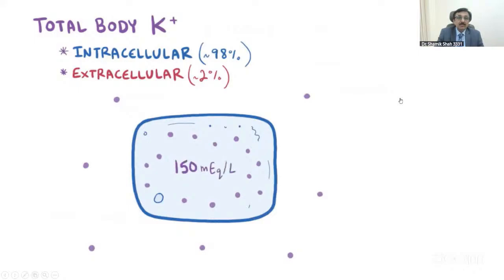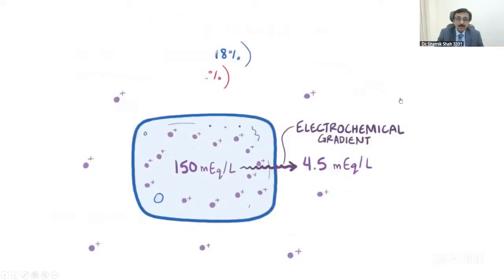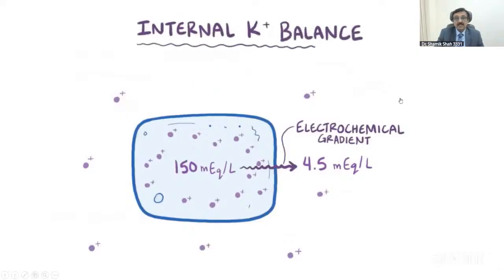So the total amount of potassium intracellularly is about 150 milliequivalents per liter, while the one which is outside the cells is about 4.5 milliequivalents per liter. So we know that there's a huge difference, and we know that potassium is positively charged, right? So there is an electrochemical gradient when we compare the intracellular to the extracellular potassium.